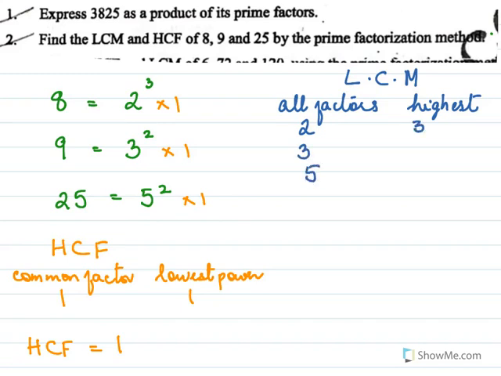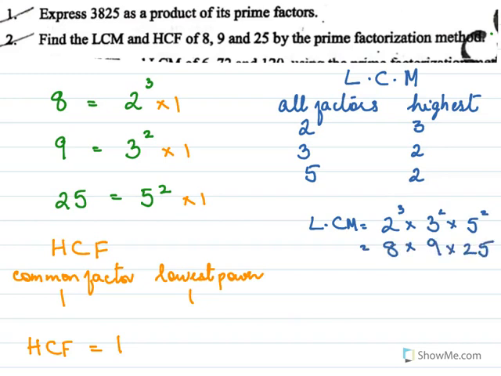Highest power of 2 is 3, then of 3 is 2 and 5 is 2. So we have LCM 2 raised to 3, 3 raised to 2, 5 raised to 2, which is 8 into 9 into 25. So the LCM is 1800.